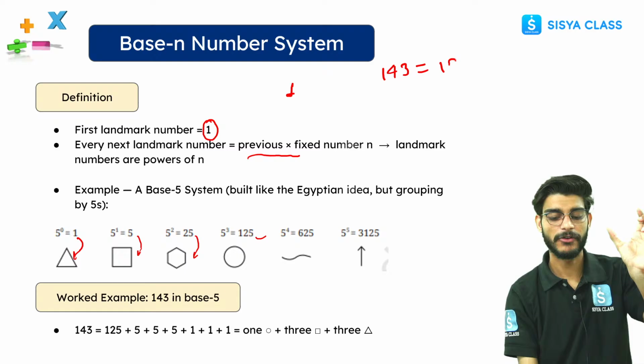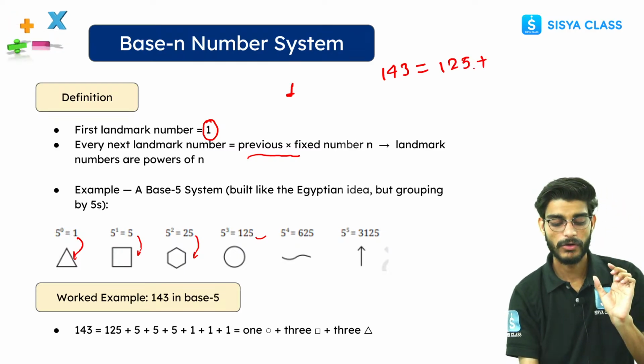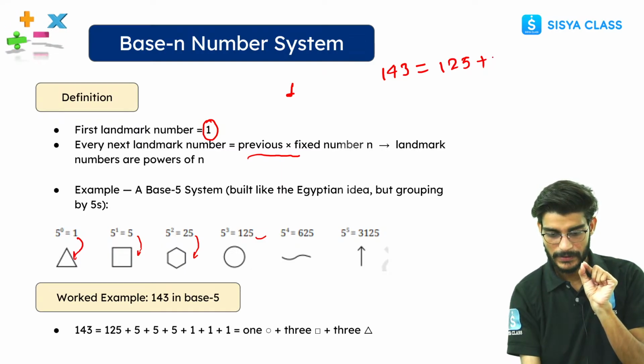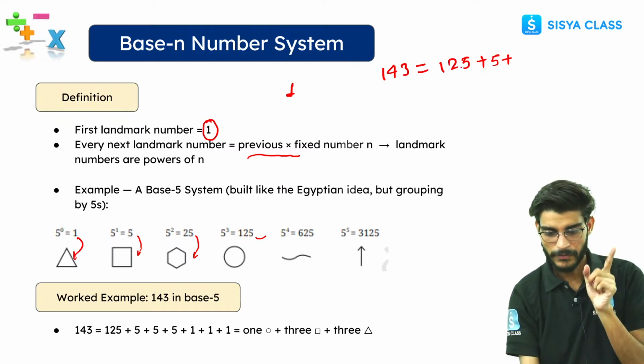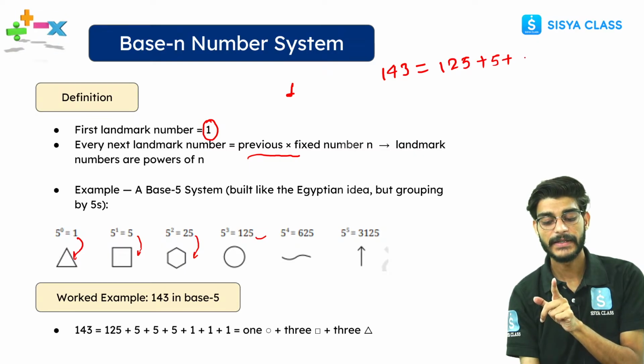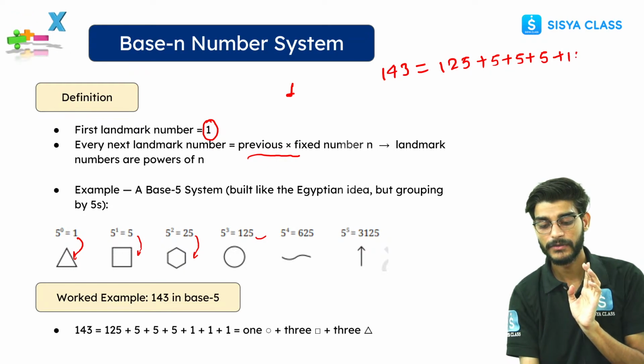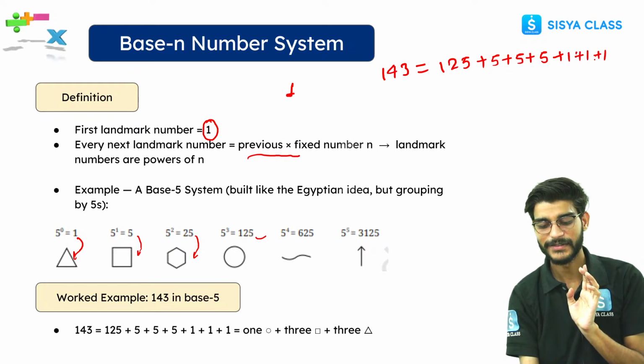So can I write 143 as 125 plus 5 times 3, that is 15, then 140, plus 3. How will you write 3? 1 plus 1 plus 1, right?